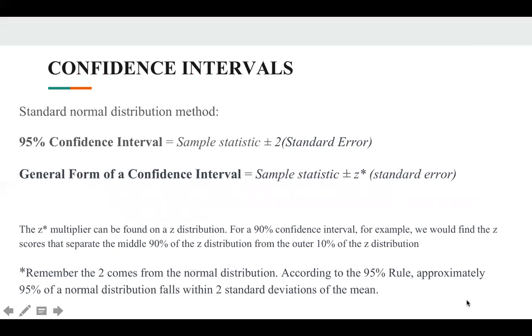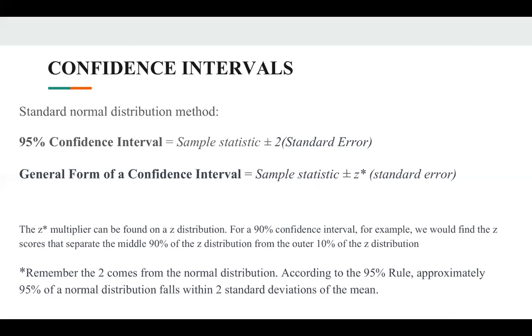This is a little bit of a review, but for a 95% confidence interval, it's the 95% rule, so it's just the sample statistic plus or minus 2 times standard error. The general form of a confidence interval is the sample statistic plus or minus z star times standard error. The z star multiplier, as it says below, can be found in the z distribution.